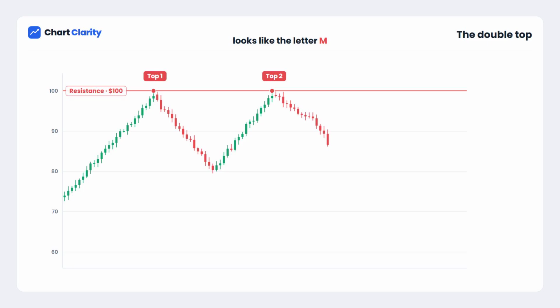Now think about how those buyers feel, exhausted, out of ammunition. They gave it their best shot twice, and the ceiling held both times. And when the buyers run out of energy, who takes control? The sellers. That shift from buyers in charge to sellers in charge is what the double top is really showing you. It's a picture of momentum changing hands.